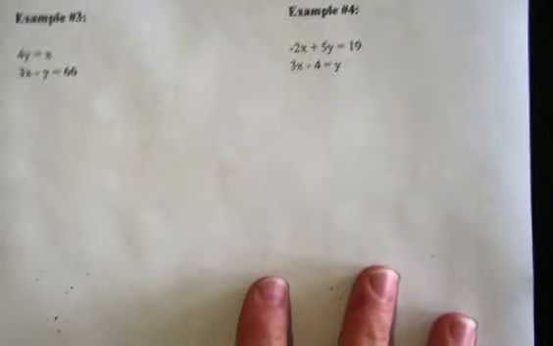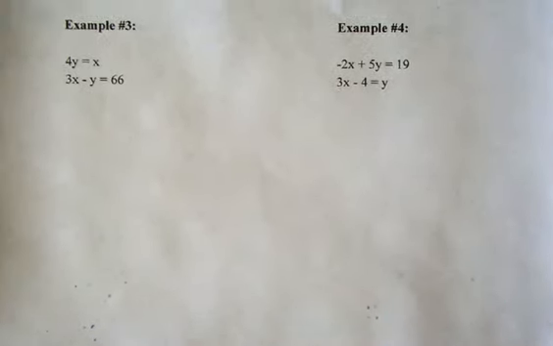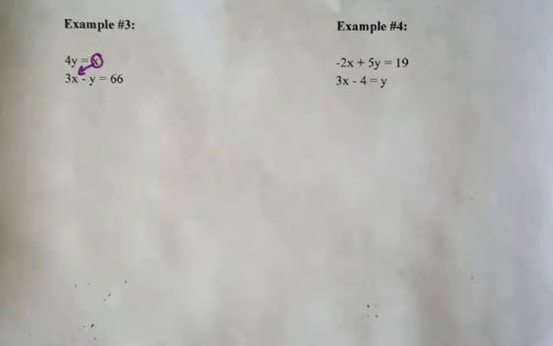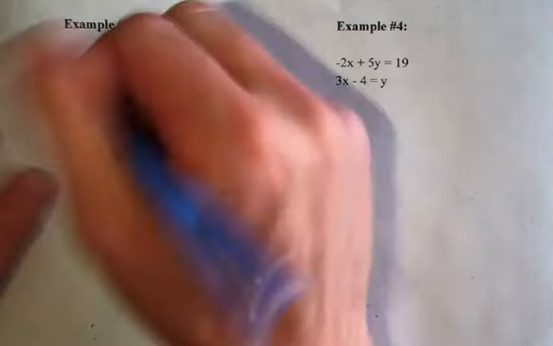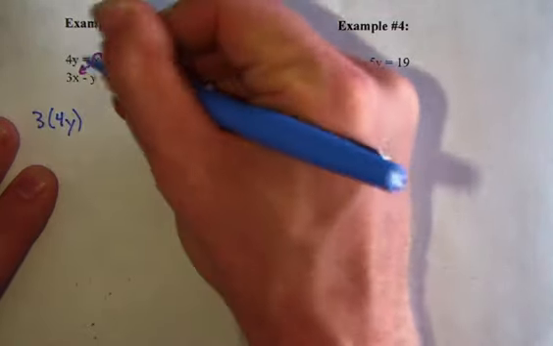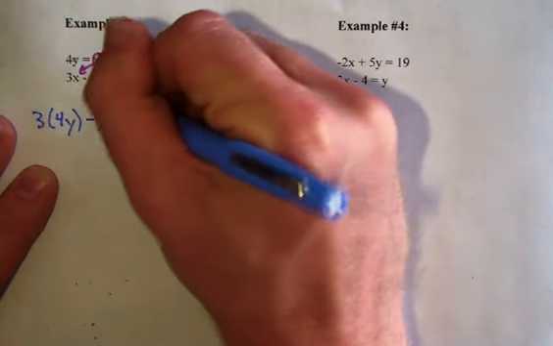So let's do this, and this first one's going to be pretty straightforward because we're already given 4y equals x, and we can just plug this in right here. So I'm going to do this without color. I'm going to plug that 4y in here. So I've got 3 times 4y, this 4y gets plugged in for x, minus y equals 66.